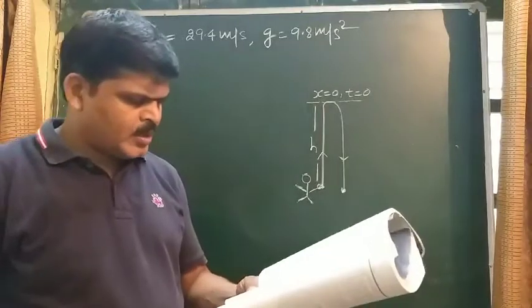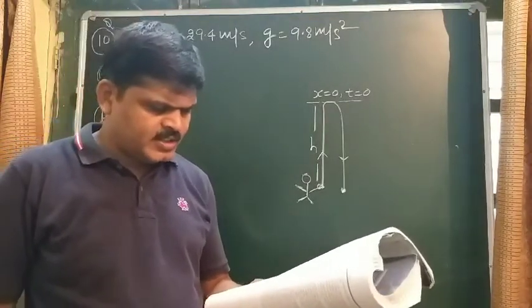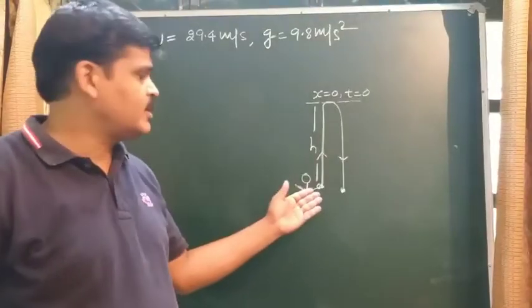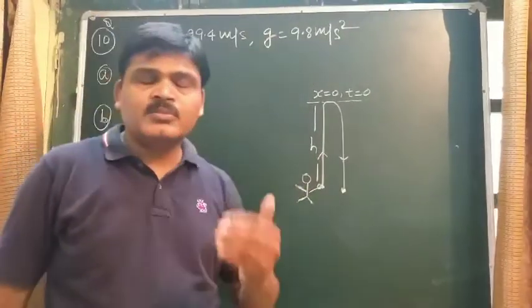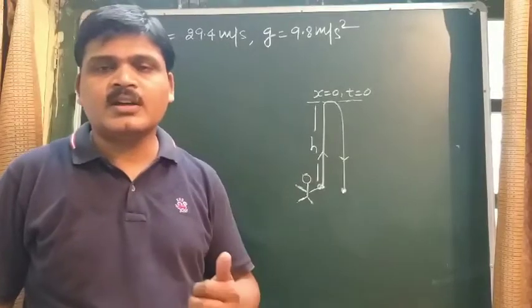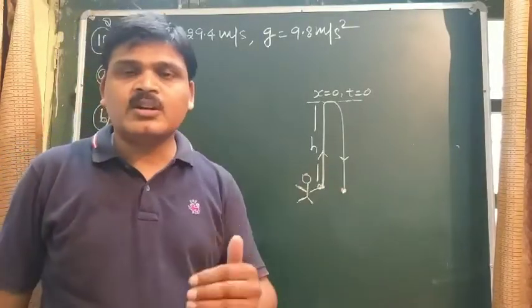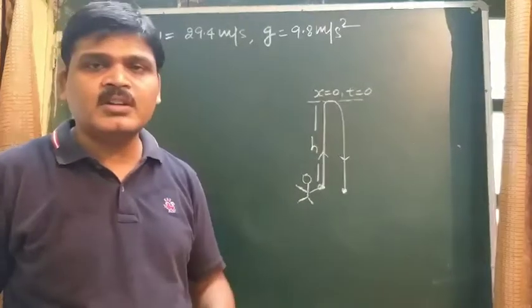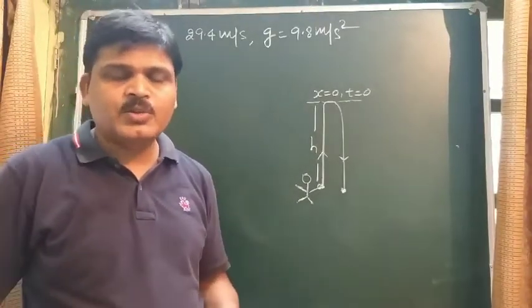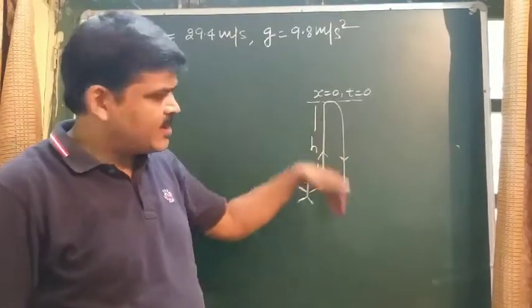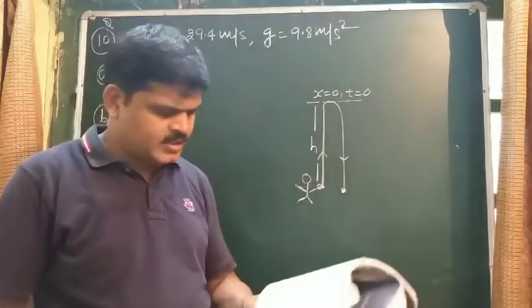First question, what is the direction of the acceleration during the upward motion of the ball? Student, you know that the ball is moving under the influence of gravity, acceleration due to gravity. So this acceleration is acting in the vertically downward direction.